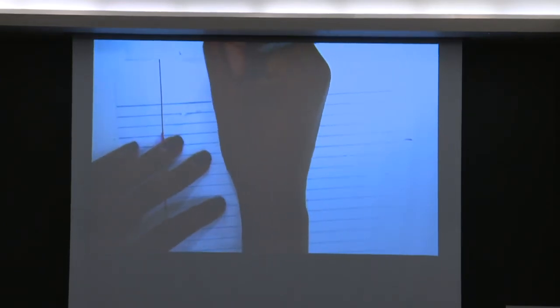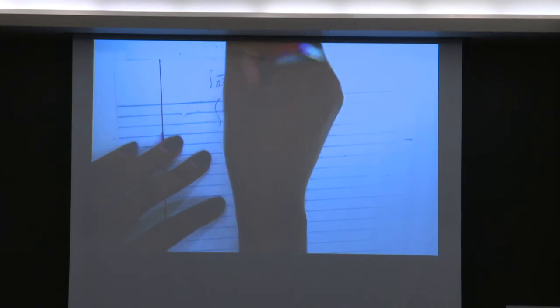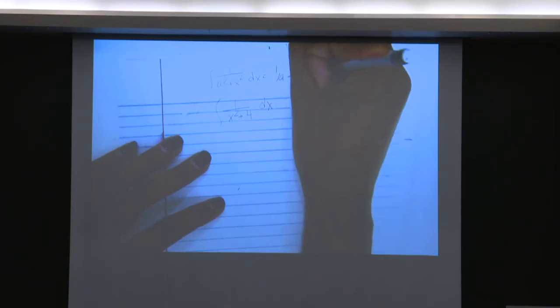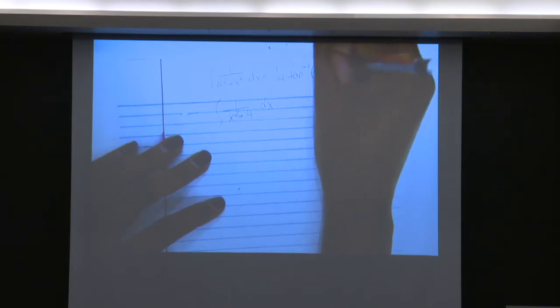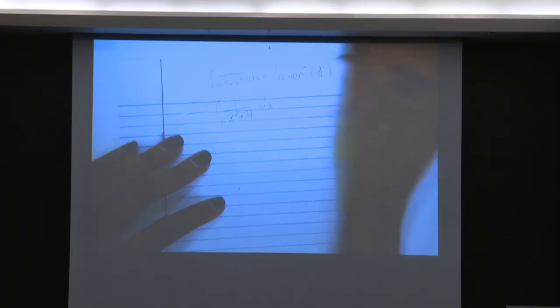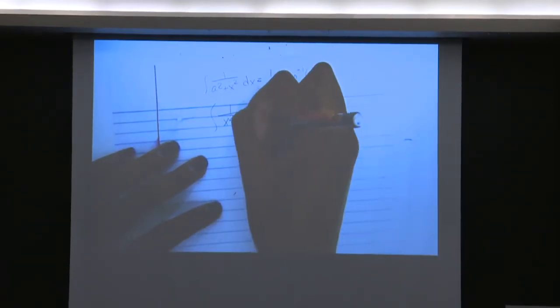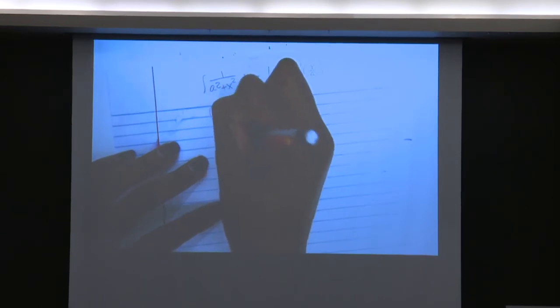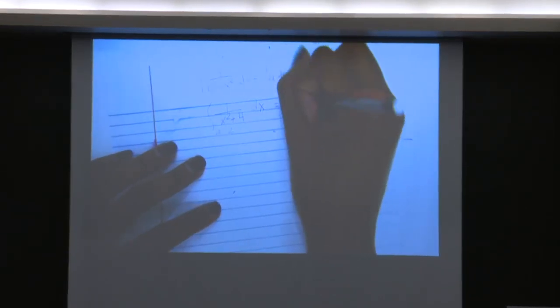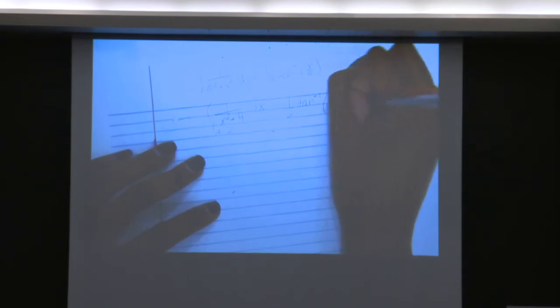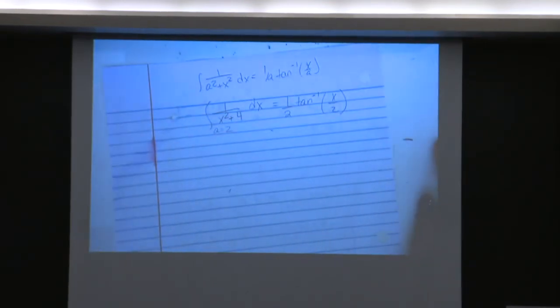We said the equation was 1 over a squared plus x squared dx equals 1 over a tangent negative 1 of x over a. So this is my a squared, so really my a equals 2. So 1 over 2 tangent negative 1 of x over 2. Easy, just like that.